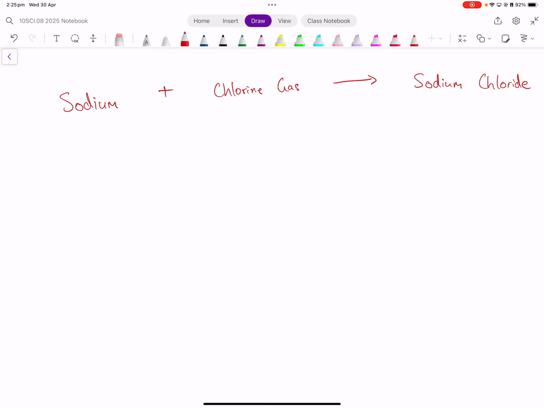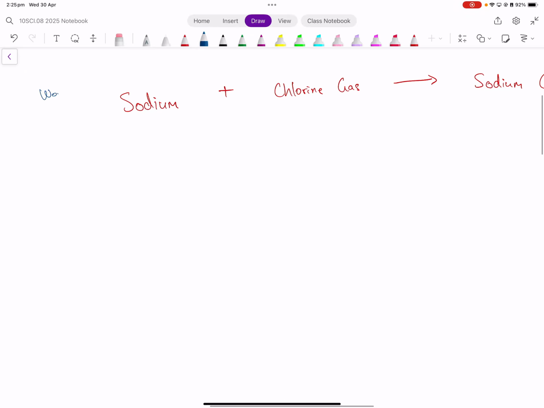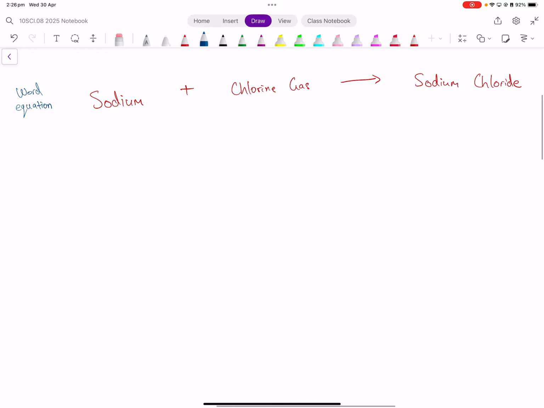Now, what we've just done, and what you're doing right now on your whiteboard, is what we affectionately refer to as a word equation. I don't need you to write this on your whiteboard, but I just want to make it clear. First things first, this right here is a word equation.